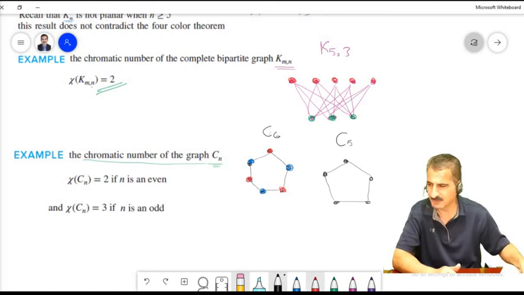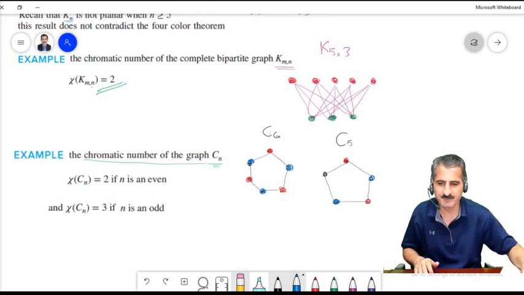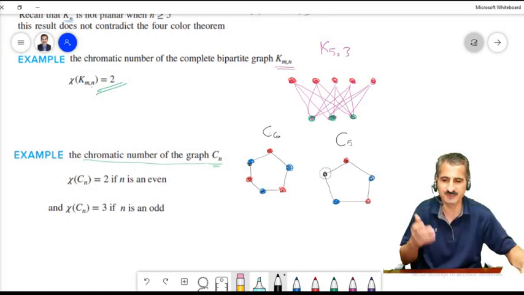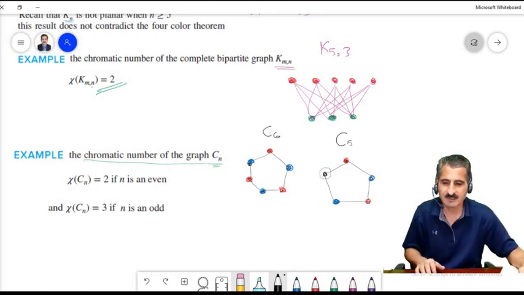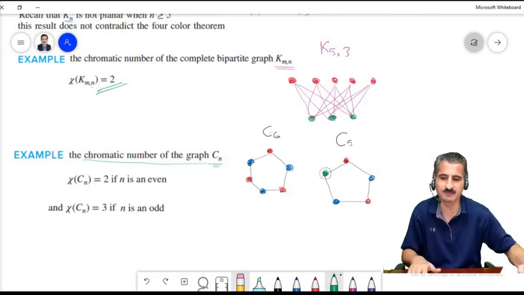Let's do the same thing: red, blue, red again, blue. Now can I go for red for the remaining one? I cannot, because it is adjacent to the first vertex. And I cannot go for blue. So I am forced to use one more color, a third color.